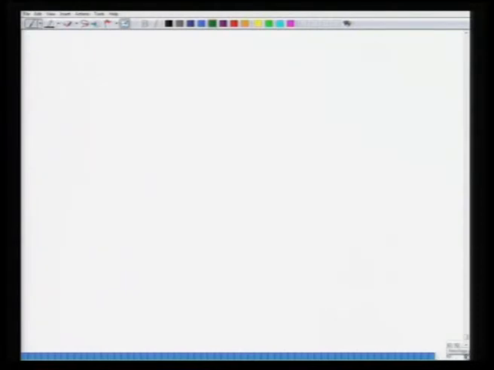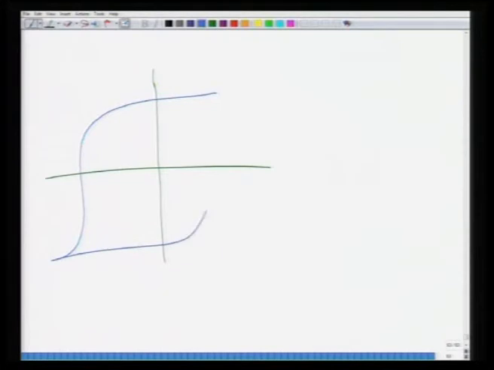If I want to draw the magnetic hysteresis curve of two different kinds of materials on the same plot, let me just draw two different lines.